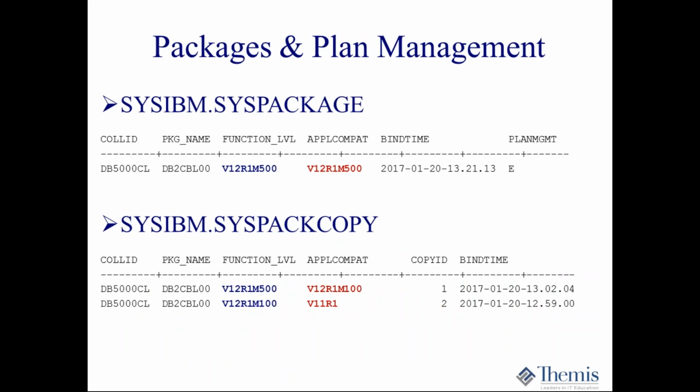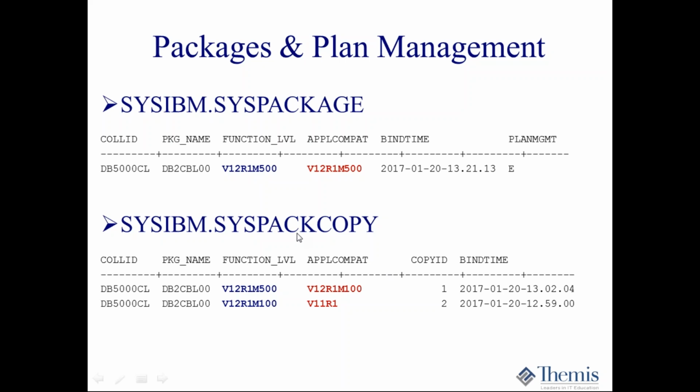And you also have the ability to say, okay, this is sys package, the current one being used. It's running at function level. It was bound with Apple Compat 500. And when was it? It was bound when you were at activated function level 500.